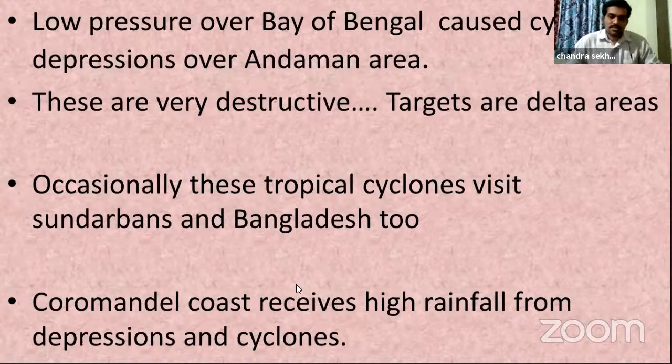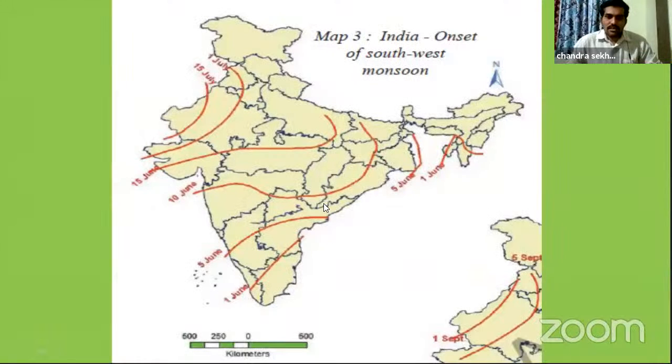Here you can observe how the southwest monsoon spreads all over India, the onset of the southwest monsoon. If you observe the India map, on the 1st of June they reached Kerala. By the 5th, they reached Karnataka and Andhra Pradesh.